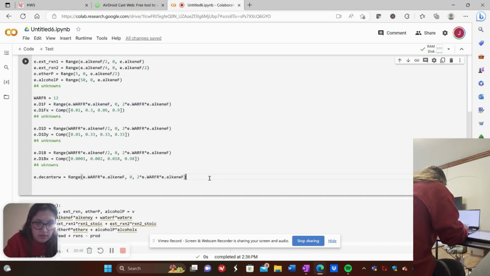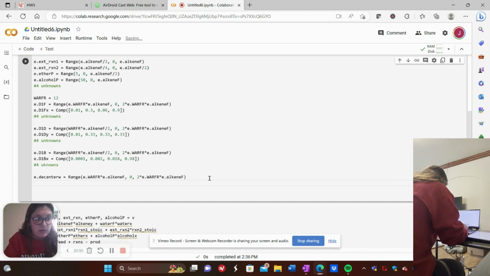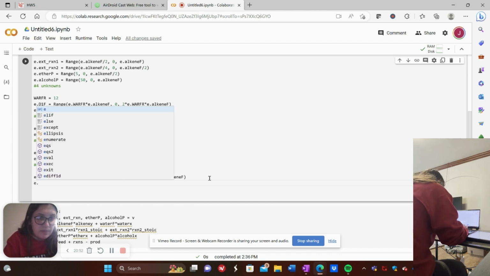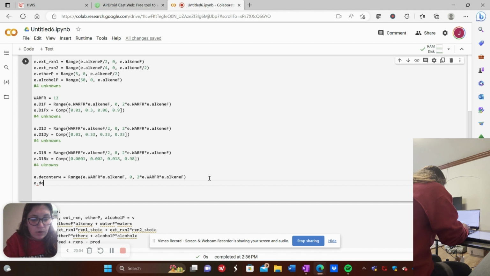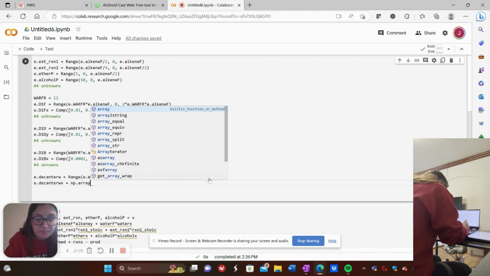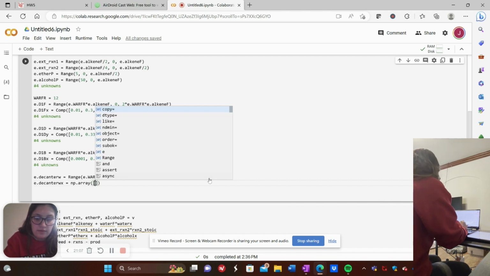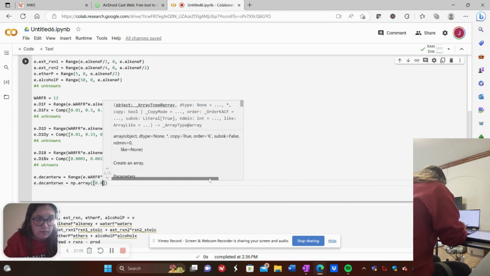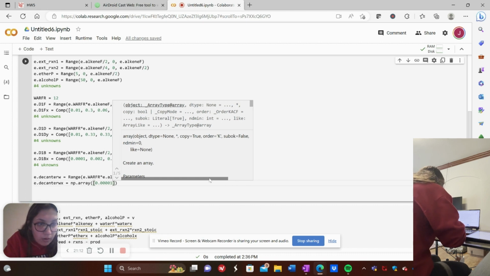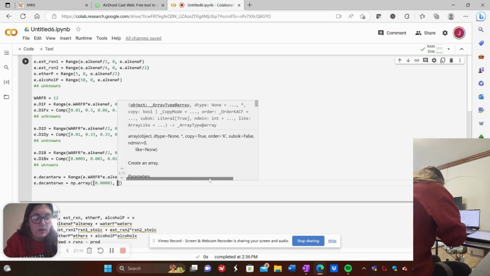And then we are going to say that we measured the composition, or the composition is known, or somehow it's known. So we have that, and then we just do np dot array. We have point a very, very, very small amount of our alkene.